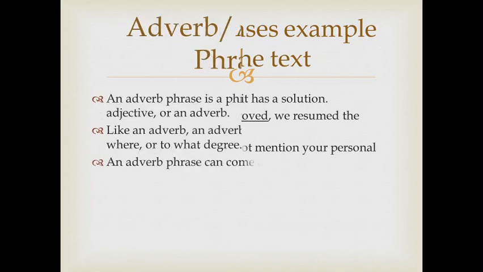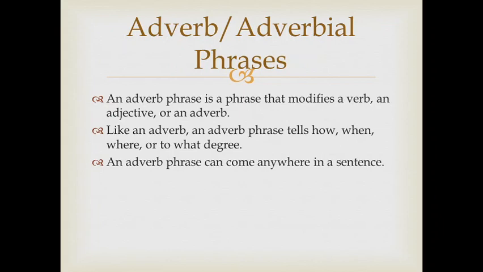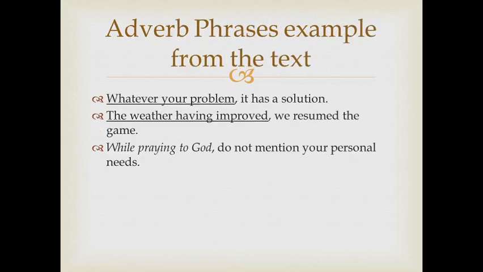You just remember the functions of an adverbial phrase. It modifies a verb, an adjective, or an adverb. And an adverb phrase tells how, when, where, or to what degree.